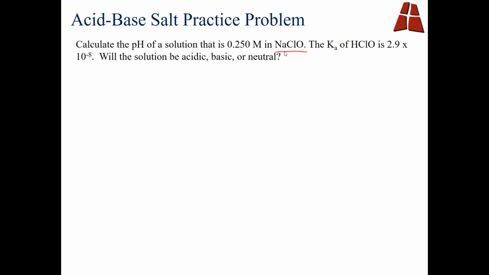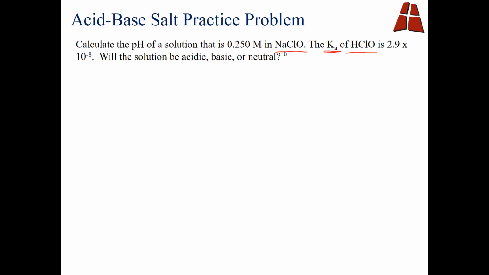This is essentially what bleach is, so this would be a concentrated solution of bleach. I give you the Ka value. Again, it might be important to determine whether it's the Ka or the Kb that's needed of hypochlorous acid, HClO, that has that value. And I ask, will the solution be acidic, basic, or neutral?